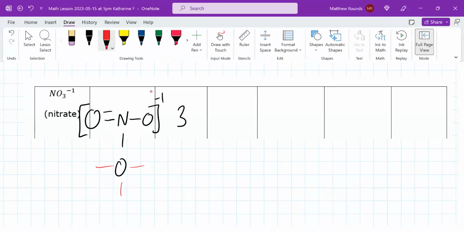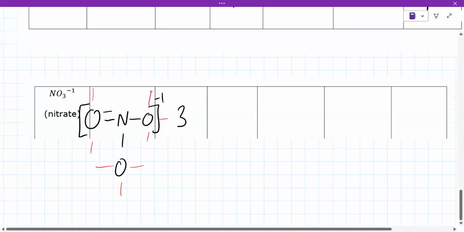And then there's 1, 2, 3 here, but only two here on that one because it's already got the two. So 2, 3, 4, 5, 6, 7, 8. So there's actually 8 unbonded there. And this is actually 4 in the middle.